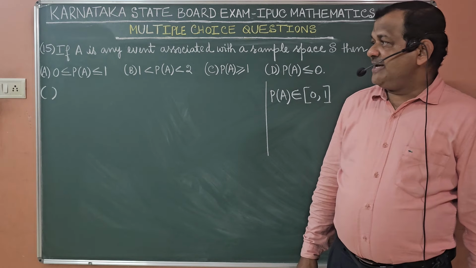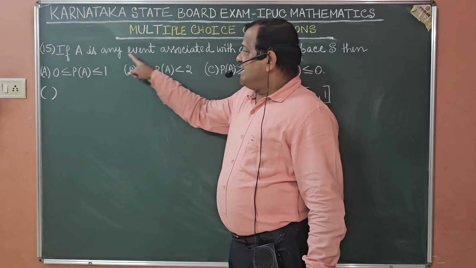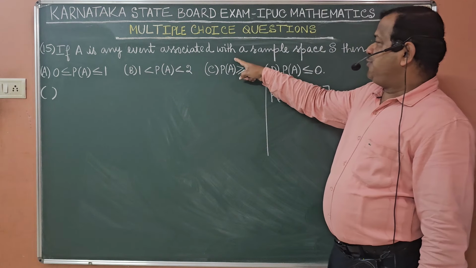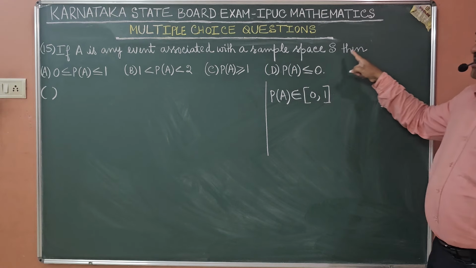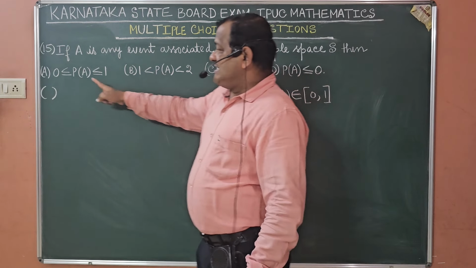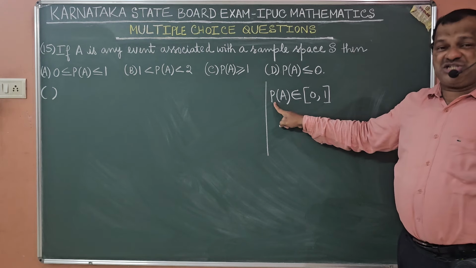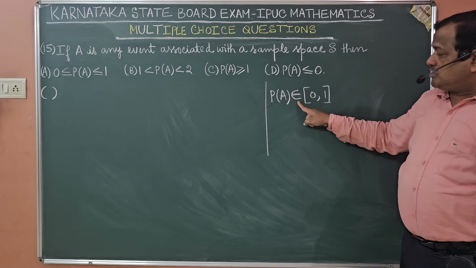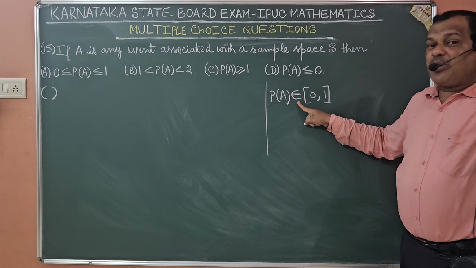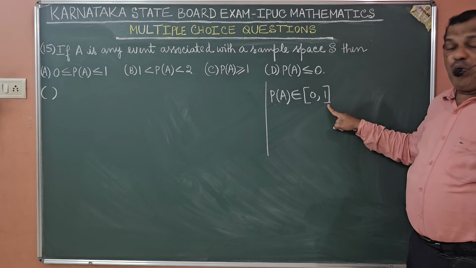Here is the 15th MCQ from the probability lesson. If A is any event associated with a sample space S of a random experiment, then which of the following is true? My dear students, the range of the probability function is the closed interval [0, 1].